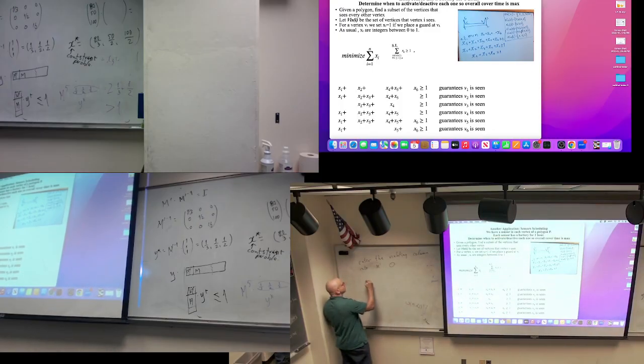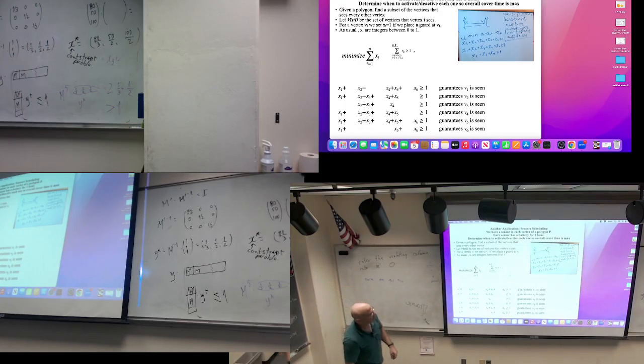A schedule here would mean, for example, turn on sensor 1 and sensor 2 until they deplete their battery.